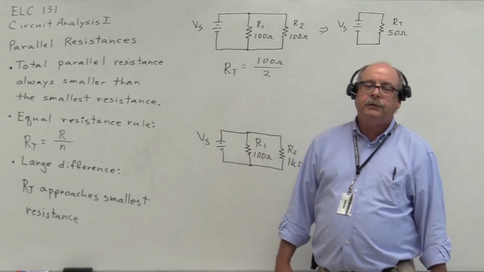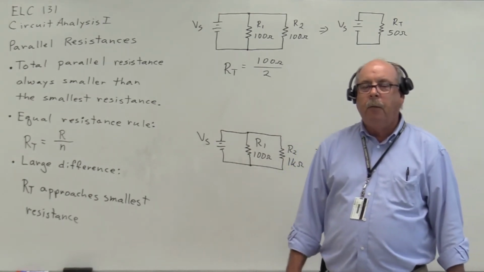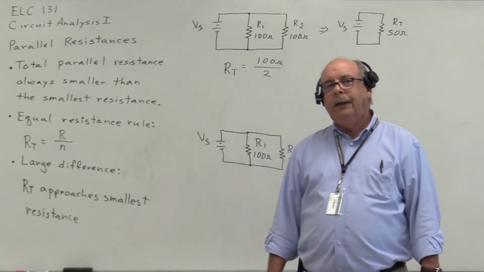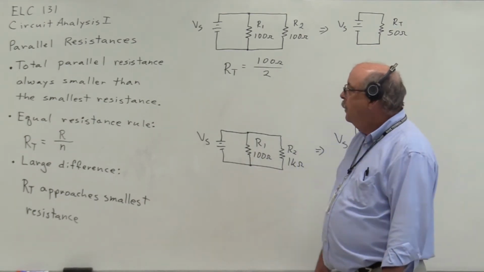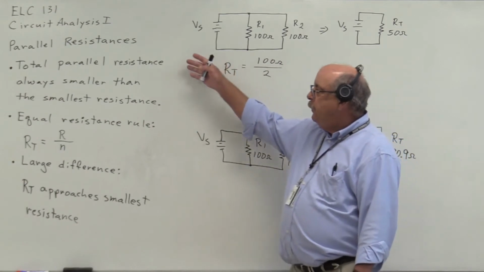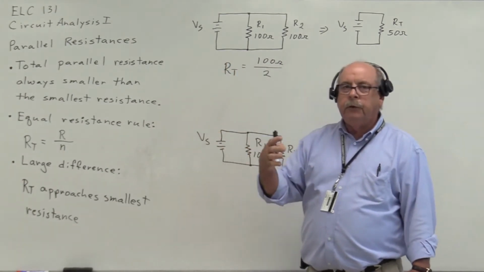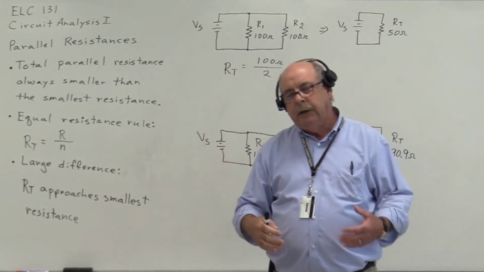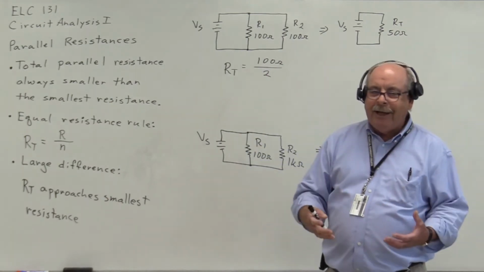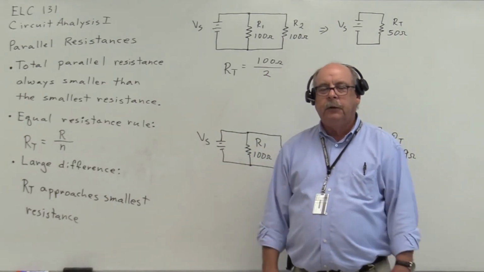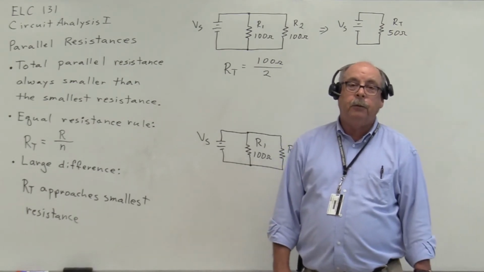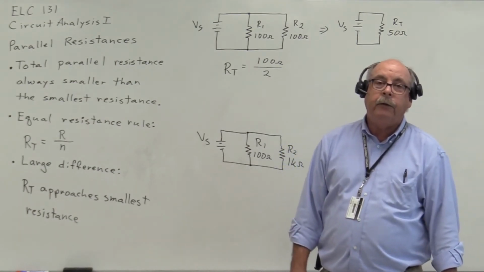This is because the source has to deliver more current than any one resistor requires. I mention this so that you as a student, when you're doing circuit calculations, can perform a sanity check to see if your calculated values make sense or whether you've made some error entering the values in your calculator.